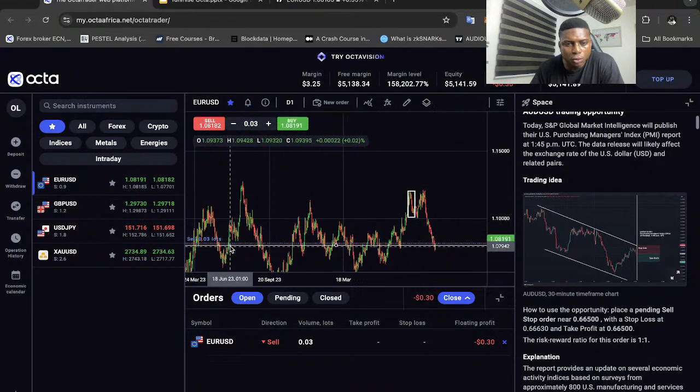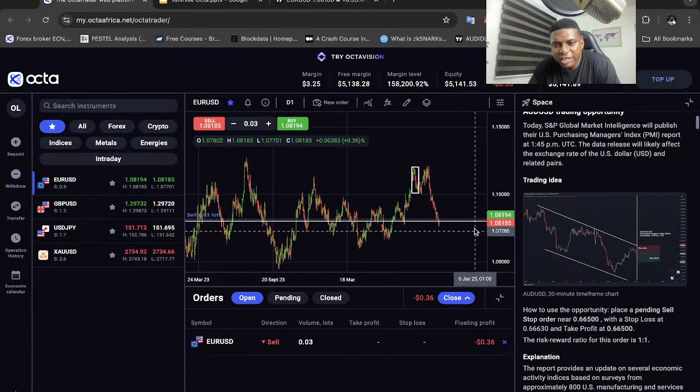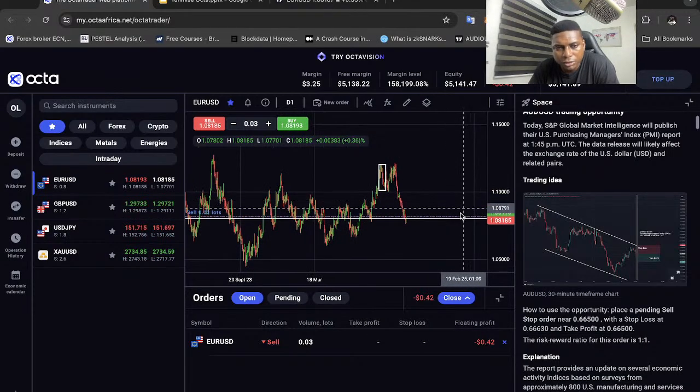One of the things we should do is to put a sell limit order at the level.